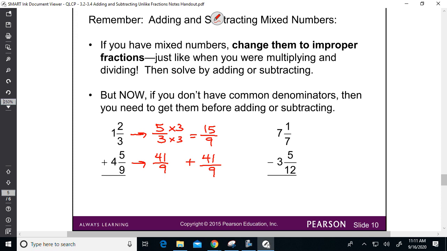So that would be the setup for that adding problem, and your setup for the subtraction problem.